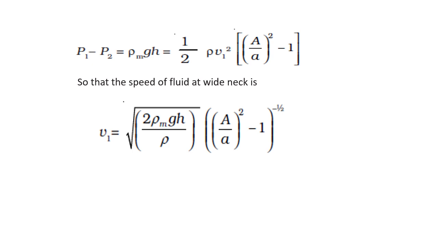And from this you can calculate V1, and that will be V1 equals square root of 2 rho m g h divided by rho into ((capital A by small a) square minus 1), that is, the whole power minus 1 by 2.